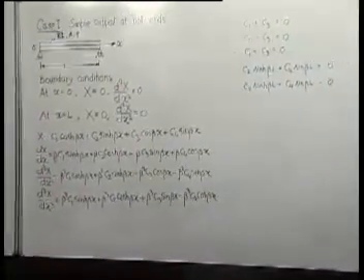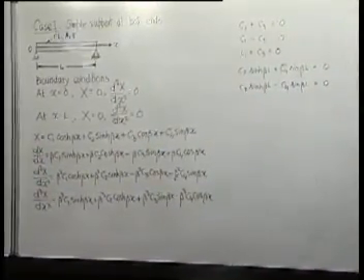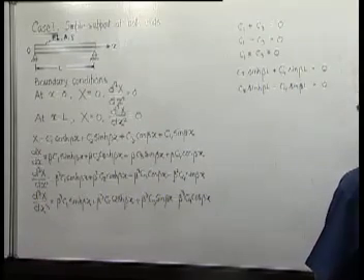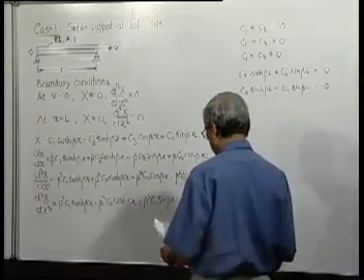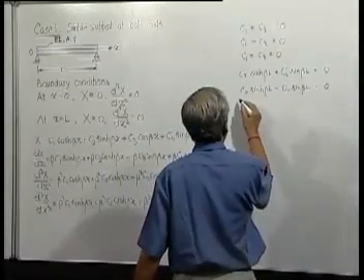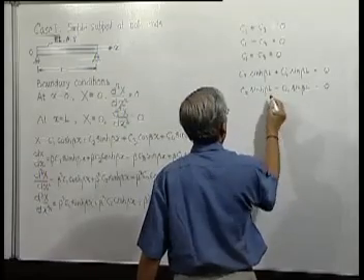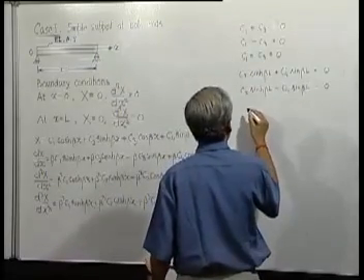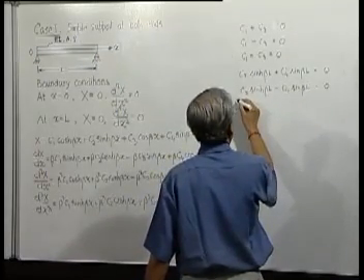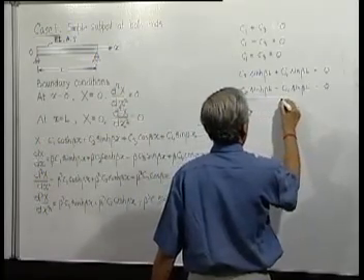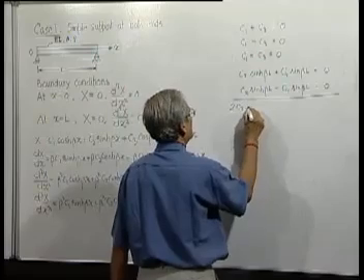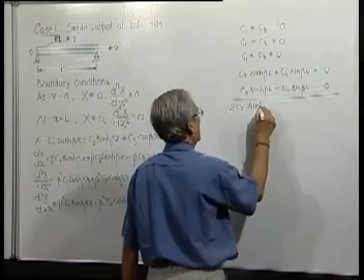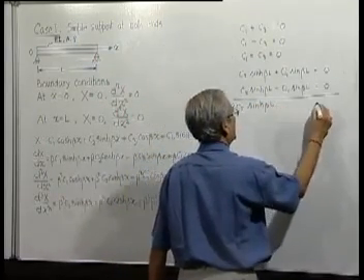So again we find that for a non-trivial solution, C2 and C4 cannot be all zeros, otherwise there is no vibration at all. So for a non-trivial solution, if we add these two, we get 2 C2 sinh(beta L) equal to 0.